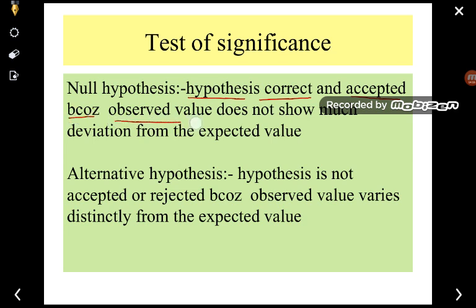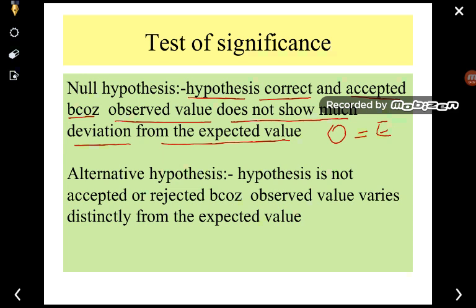We accept it because the observed value does not show much deviation from the expected value. So we can say that the observed value does not show much deviation from the expected value. Means the observed value and expected value are almost near to each other.